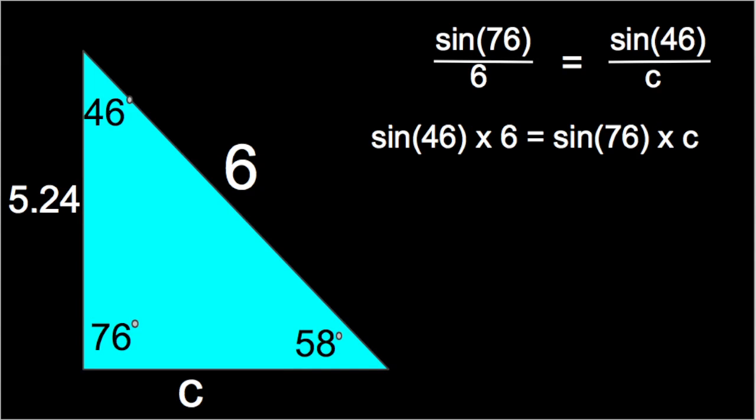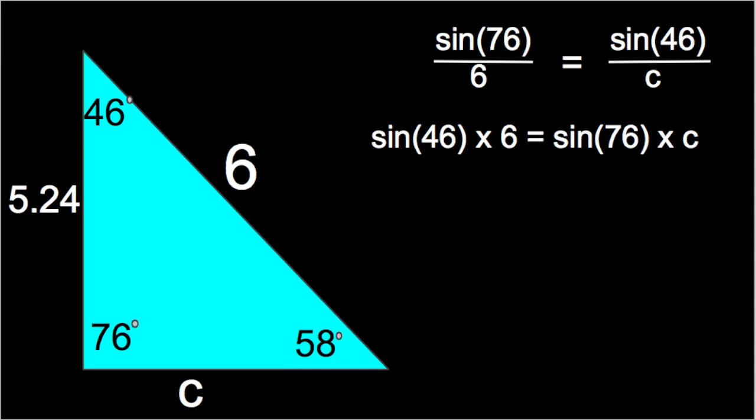So now, when we cross multiply, we get the sine of 46 times 6 equals the sine of 76 times C. Now let's try putting the sine of 46 times 6 into our calculator.